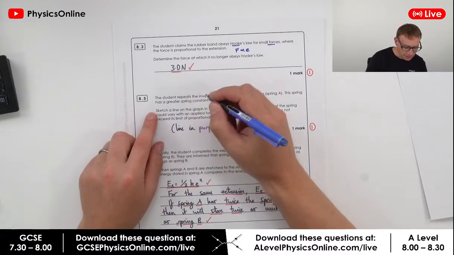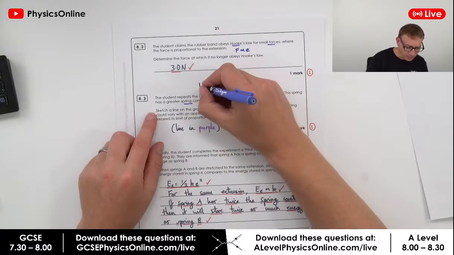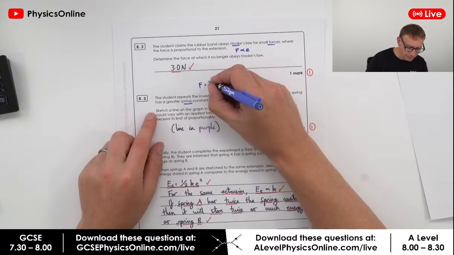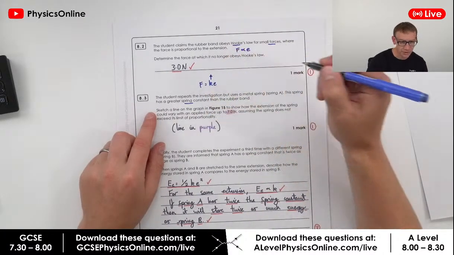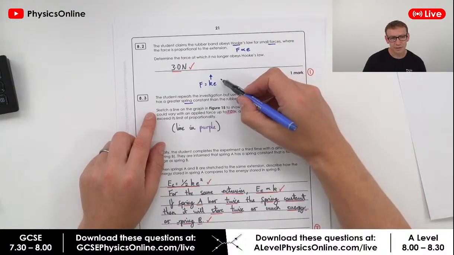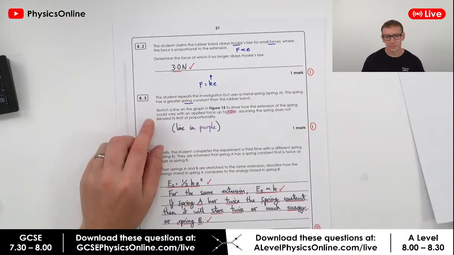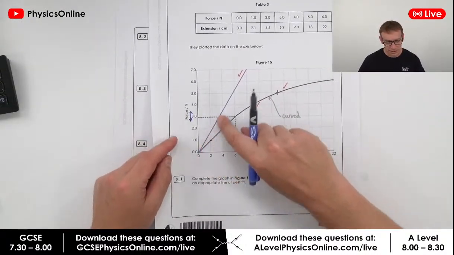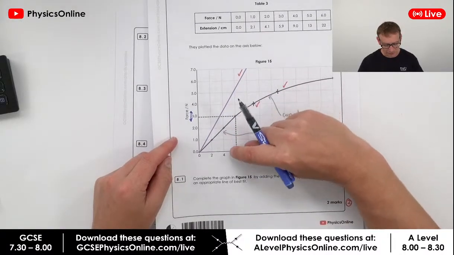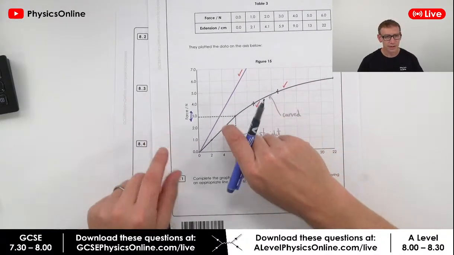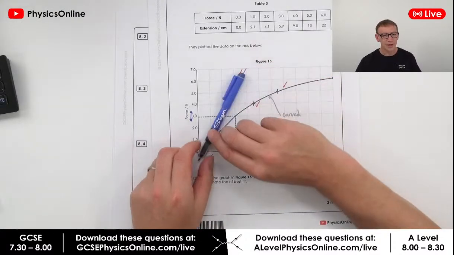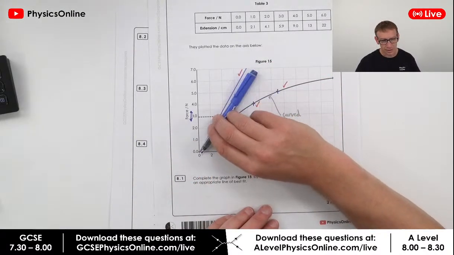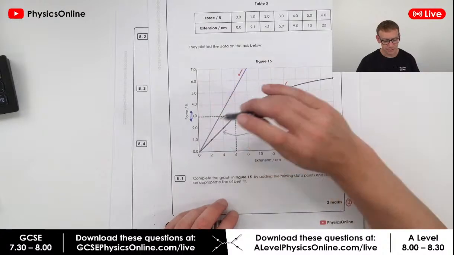The spring has a greater spring constant, and of course we know that F is equal to kx. If you increase the spring constant, that means to get the same extension you need a bigger force. So when you plot it, for the same value of extension that we had with the rubber band, the force must be bigger, and therefore you must have a straight line that has a steeper gradient.